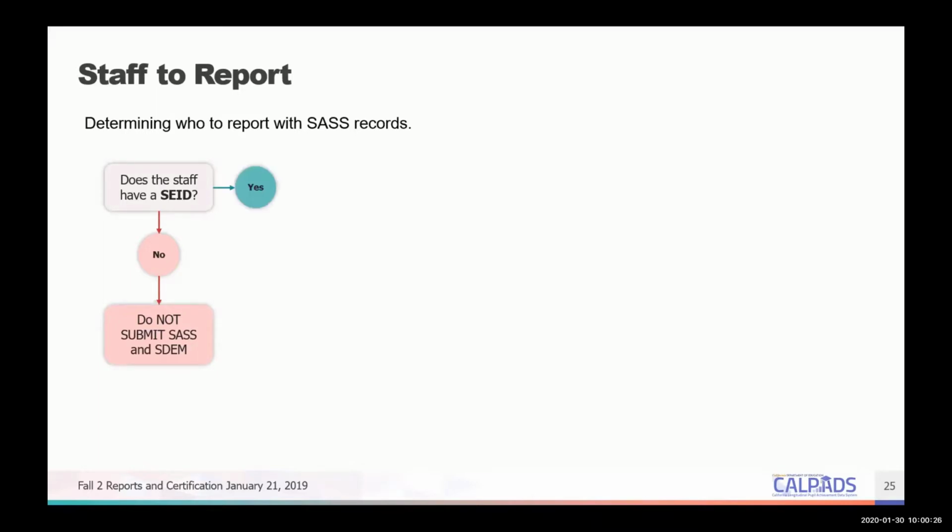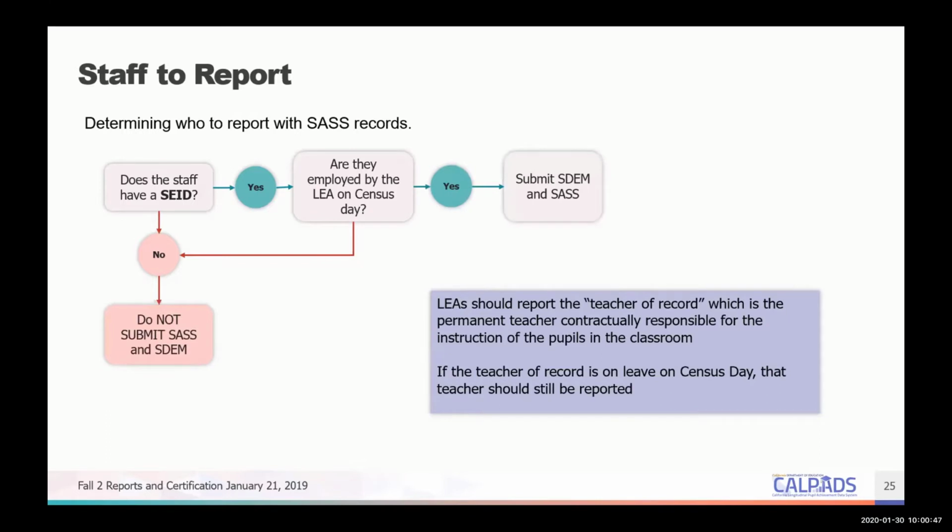You only submit those two files for a staff member if they have a valid SEID from the CTC. If they have a SEID, then your next question is, are they employed by the LEA on census day? If no, then again, do not submit the SASS and SDM. If yes, then submit your SDM and SASS, okay?